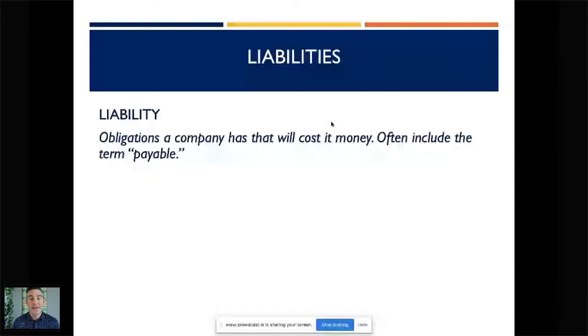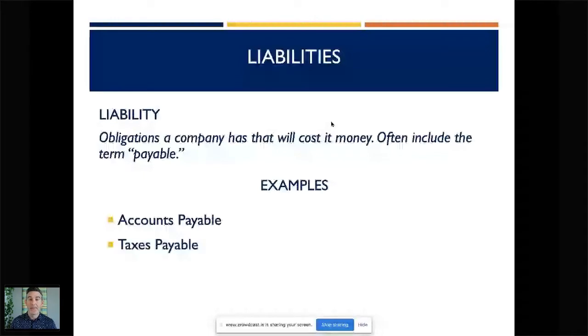And liabilities are kind of the opposite. Basically, these are obligations that your company has that will cost you money rather than earn you money. You'll often see them include the term payable. So a few examples: accounts payable, so this is when you've been billed and you have yet to pay. Taxes payable, wages payable.